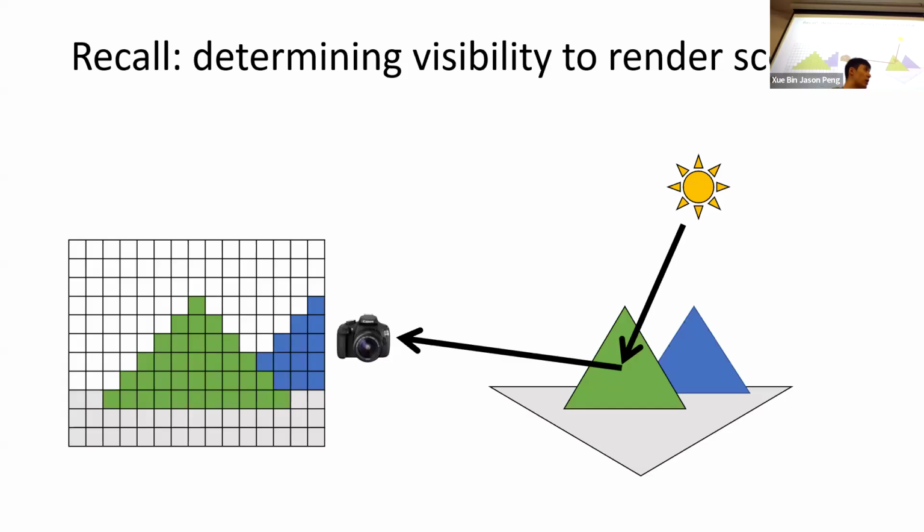In the case of rasterization algorithms, we determine visibility by taking every triangle in the scene and projecting them onto the image plane. Once we have projected the triangles onto the image plane, we try to figure out which pixels are covered by the projections of the triangle.